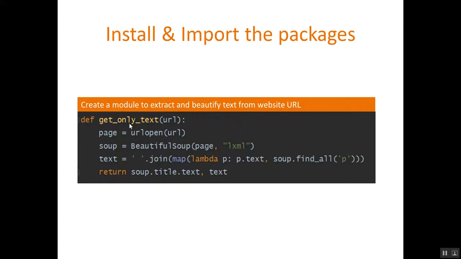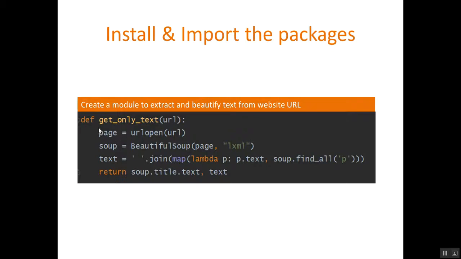Now the next is we have created the module for extracting the text from the website. So this is the function or the module that is created, get only text, and the input is URL. So this URL is passed to a function called URL open, and the output of that is page. So this is a web page, but this web page will have the HTML tags and other things which will not make it easily readable.